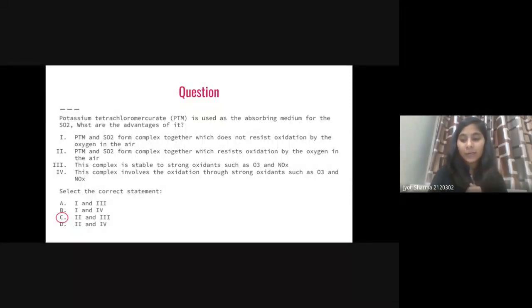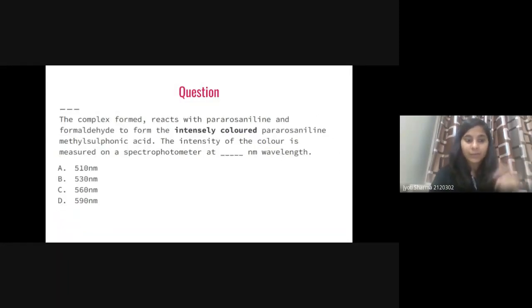Anyway, right now you got to know that for sulfur dioxide, we are using the West-Gaeke method, the first thing. Secondly, the absorbing medium is potassium tetrachloromercurate, so that we can remove the interference of different oxidants. We have used one chemical, and we have another chemical as well, which will form a complex that will give some color.